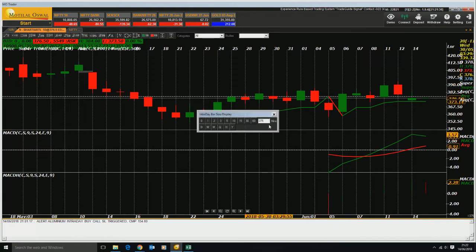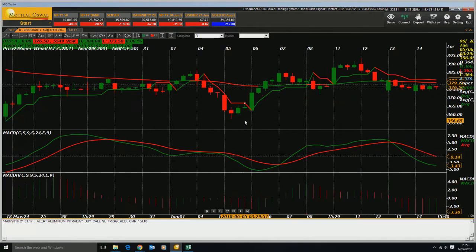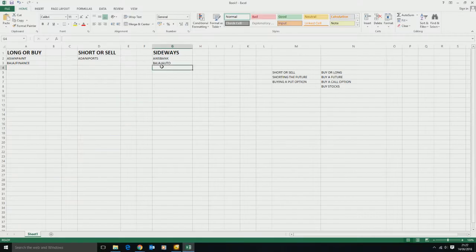But let's see on 120. On 120, it's a short entry, but as I said, the major time frame is giving me a sideways trend. So I don't want to engage myself in a stock where the major time frame is sideways. So I'm not very much interested in this, but I could put this as a potential candidate for options. Bharti Airtel.